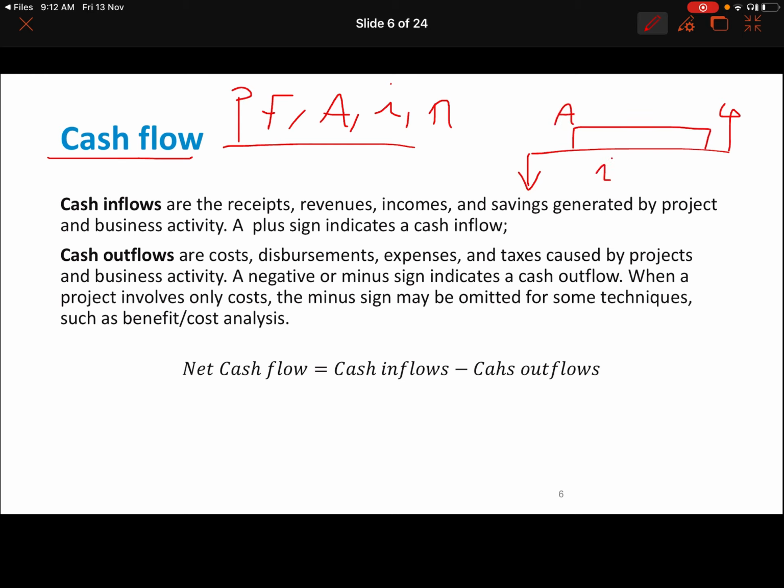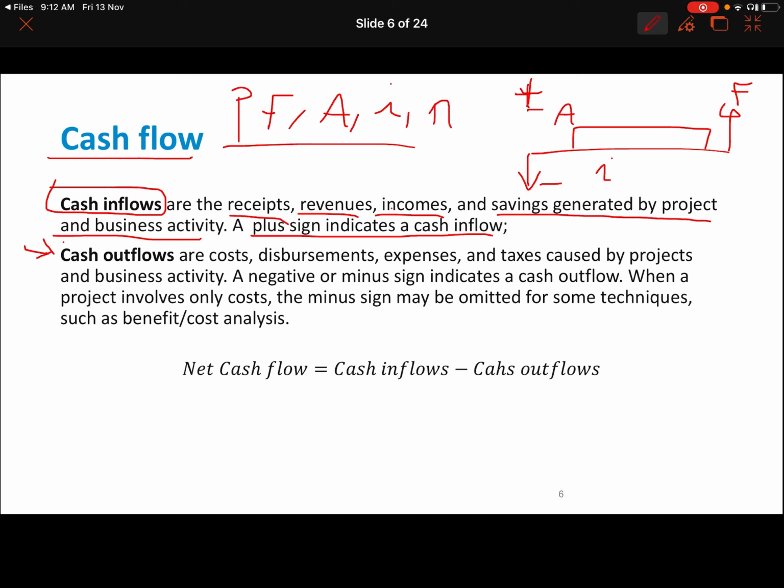We know that we have a positive part and a negative part of the cash flow. The positive part we call cash inflows, and they are receipts, revenues, incomes, and savings generated by the project and business activity. A plus sign is indicated in the cash flow.